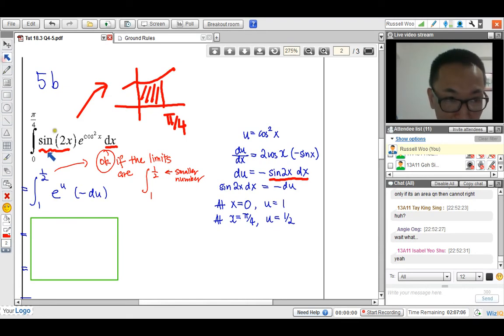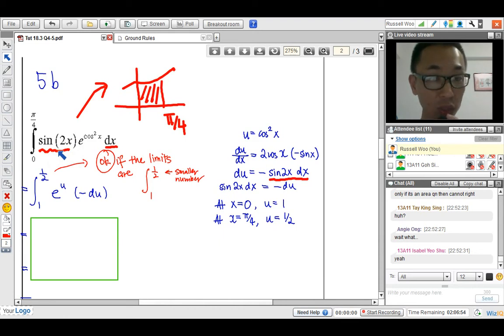Suppose you use integration to find area here, from 0 to pi over 4, and this is a graph like that. But because you can't integrate it directly, you use a tool called substitution. Okay, the tool is called substitution. After substitution, you realize that now your lower limit is 1, upper limit is half.